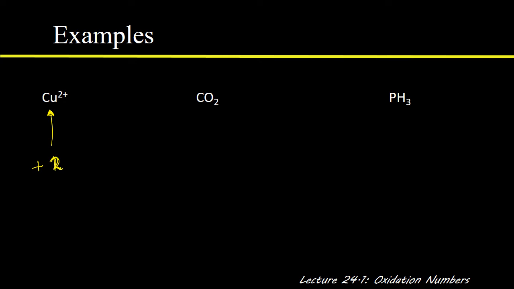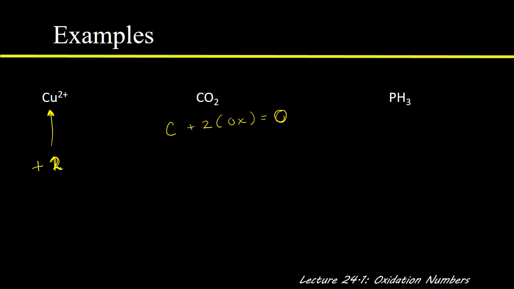For this next one, we've got 2 that we don't know, carbon and oxygen. So we'll use our algebra here. Oxidation number on carbon plus 2 times the oxidation number of oxygen equals 0 because it's a neutral molecule, right? If there's no charge up there, we know that it's neutral.